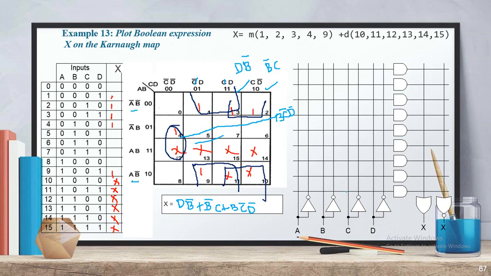According to this you can do the logic diagram. Wherever D is there, make it D present high, and B bar here, then B bar C here, B C bar D bar. Take these top three gates and you will get the answer as X.